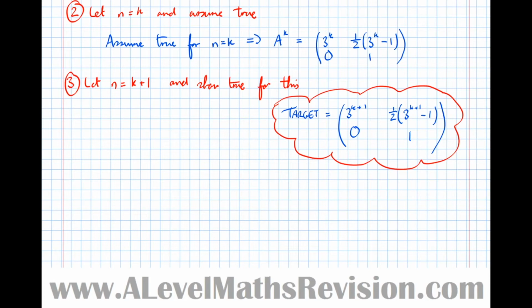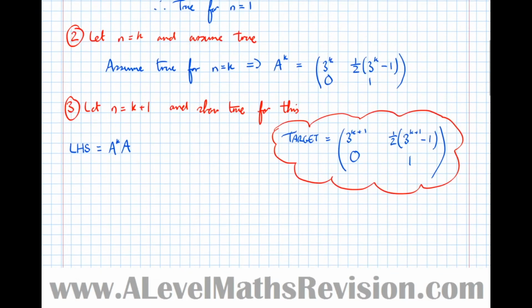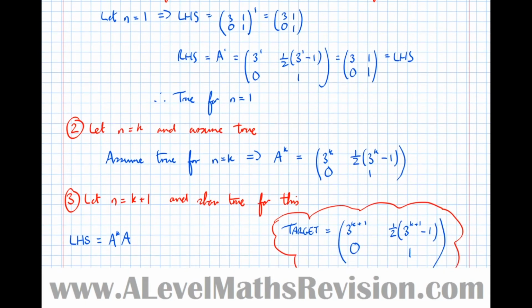So now if n equals k plus 1, starting with the left hand side, equals, well, A to the k times A. Hopefully you agree that's A to the power of k plus 1. And what we're going to do is use our expression for A to the k here, replace it with what we've assumed to be true.